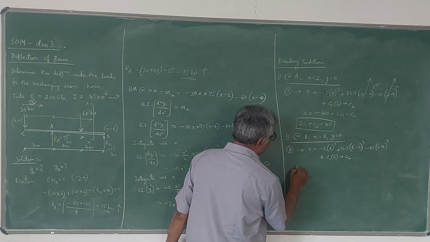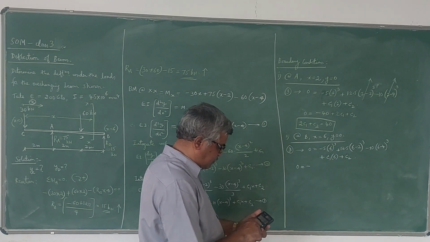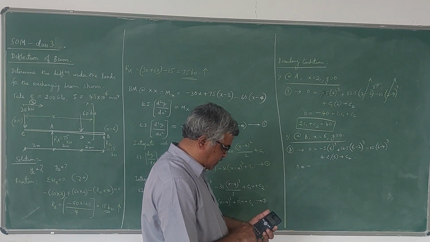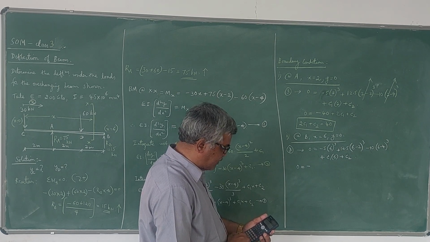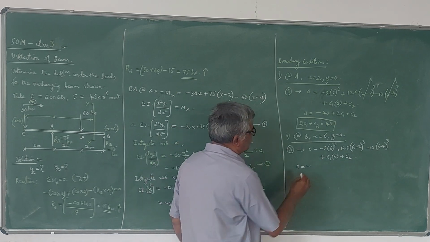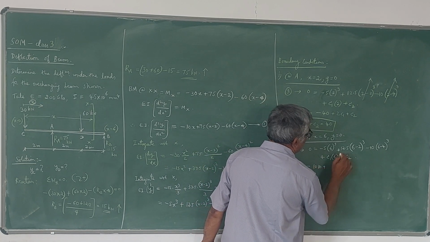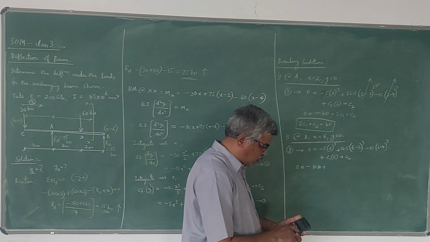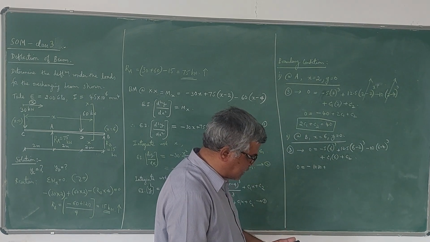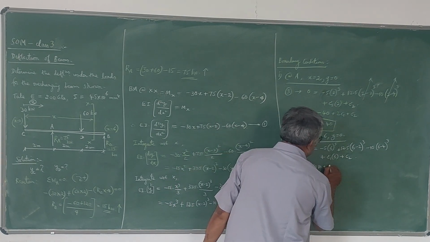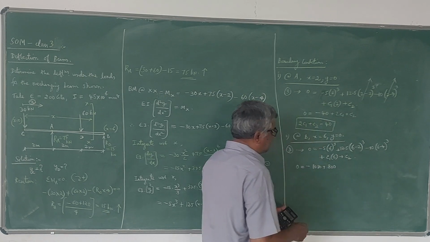So you get another equation in c1 and c2. So minus, this is 6 cube into 5. 6 cube is 36 into 6 into 5, 1080. So minus 1080 plus 12.5 into 4 cube. So 4 cube is 64 into 12.5. It is 800. We get 800. Then 10 into 2 cube, that is 80.